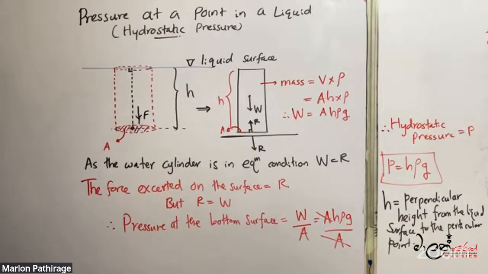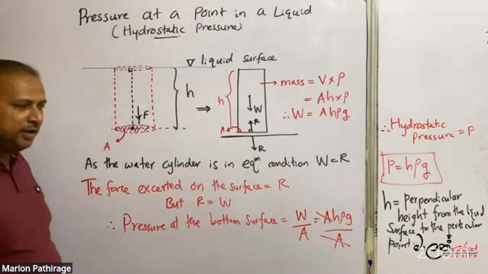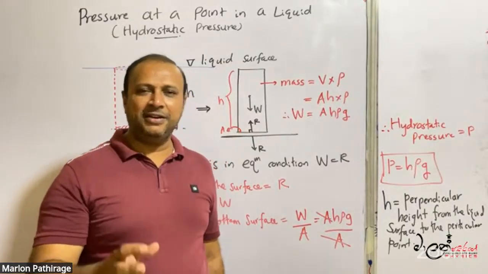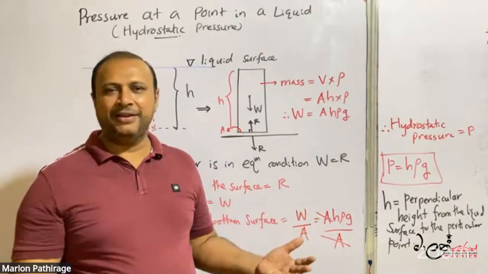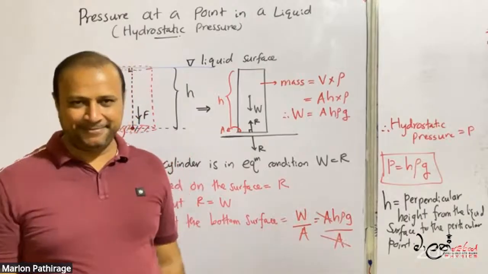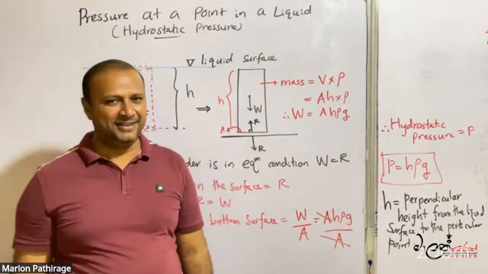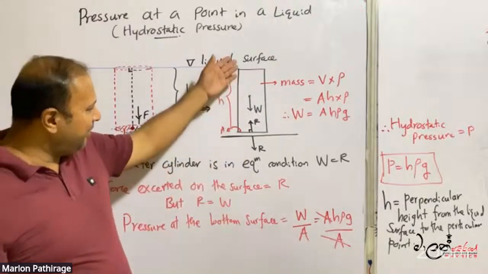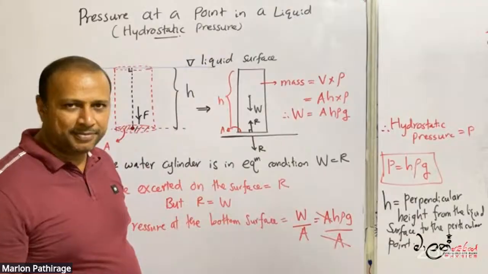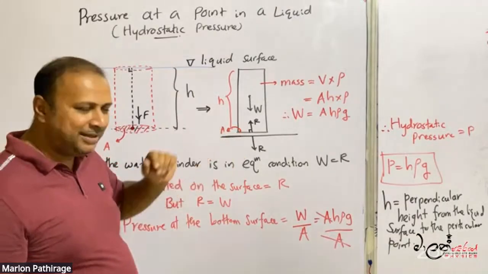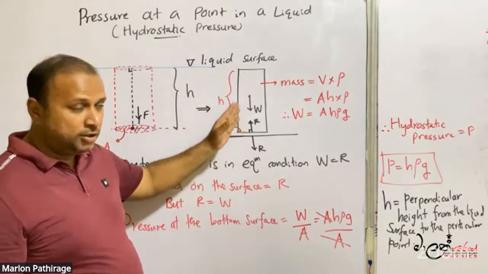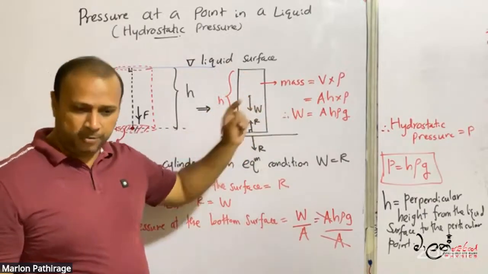You can take any geometrical shape. If you can determine the area and the volume, there is no need to worry about the shape. To determine the weight, you have to determine the volume.